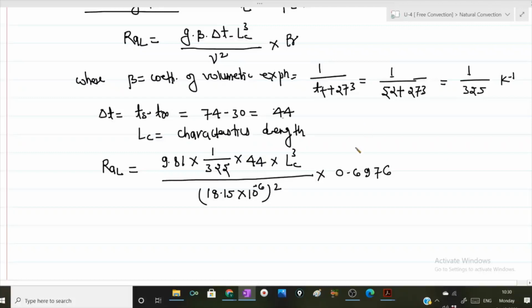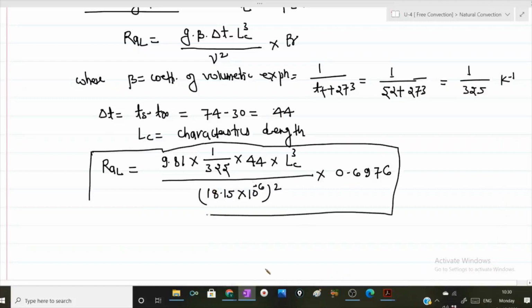Isn't it? So let's say this entire equation is equation number 1.